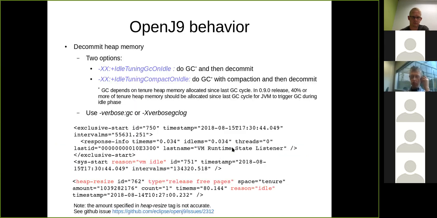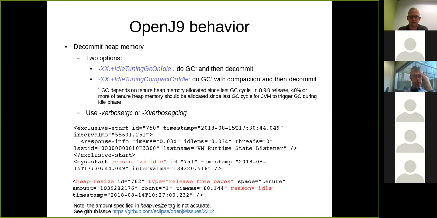Once the VM has gone into idle, it has to take action to reduce its heap memory, that is, decommit the heap memory. That behavior is governed by two options. The first is -Xtune:idle GCOnIdle, and the other is CompactOnIdle.